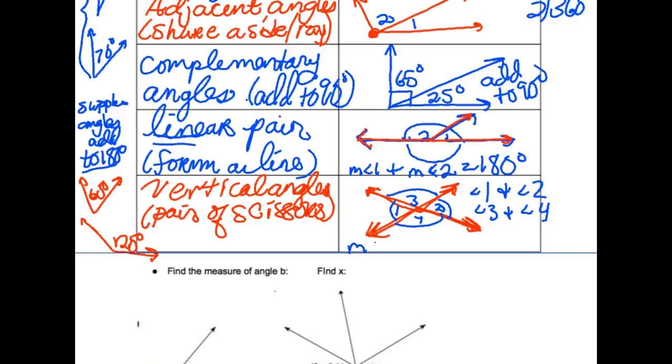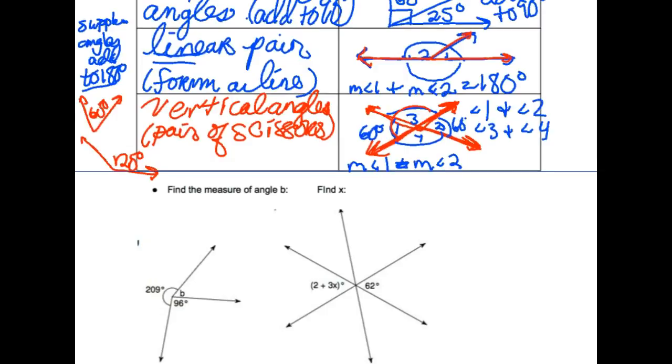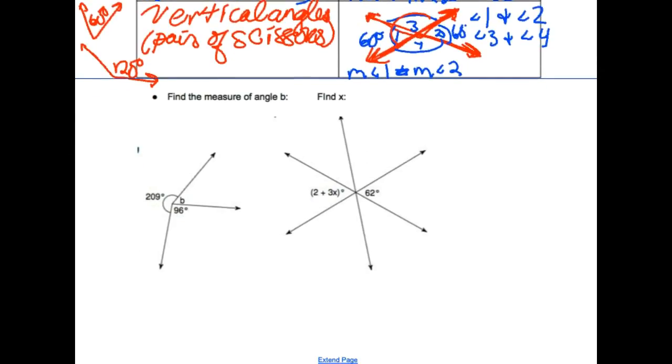So for a vertical pair, the measures of those angles across from each other are equal. So if this is 60 degrees, so is this. You'll notice for the vertical pairs, the ones next to each other are what we would call adjacent angles. They're also linear pairs, and they also add up to 180 degrees. So there's lots going on with the picture of the vertical angles.